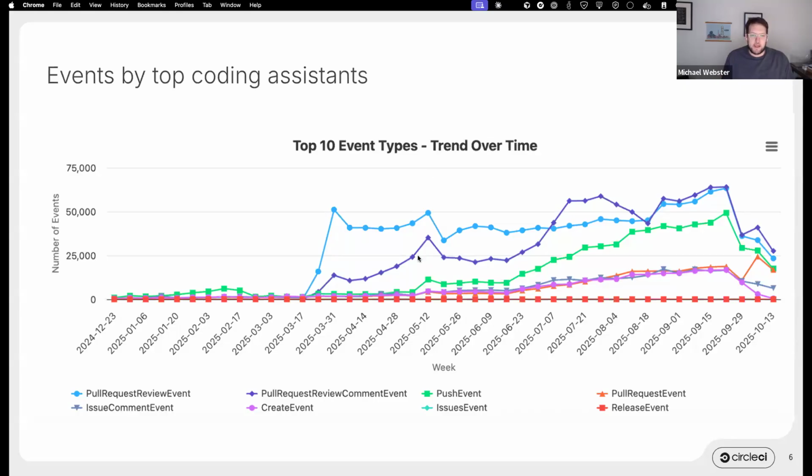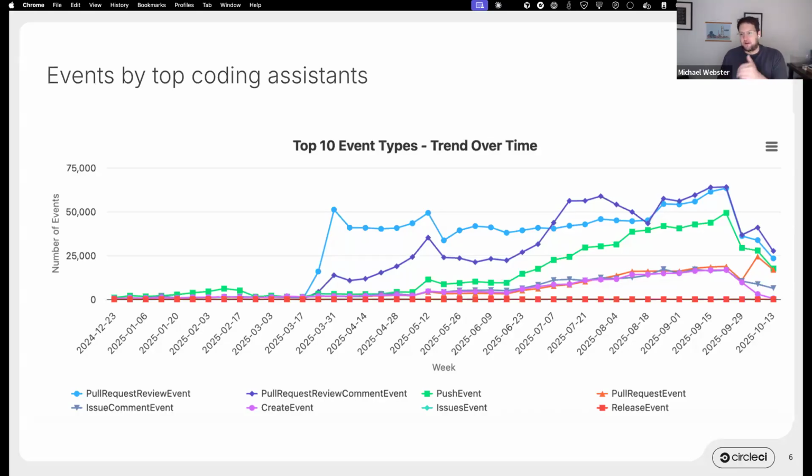But you can see around May, they actually start pushing code, right? And this is a little bit different now, right? We're not just having the AI make sure that issues that are commonly opened are formatted properly, or issuing comments. They're actually writing code in these repositories, and that trend has only gone up.